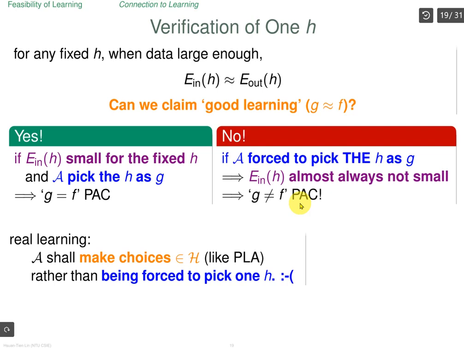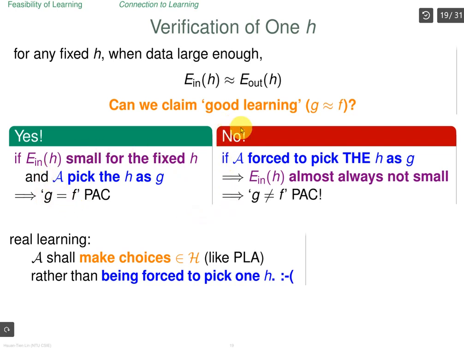We can give two different types of answer. First, yes. If in sample error for this fixed hypothesis is small, then we can say pick this single fixed hypothesis as g, and then we can claim PAC learning, probably approximately correct. So the selected g approximates the target function.